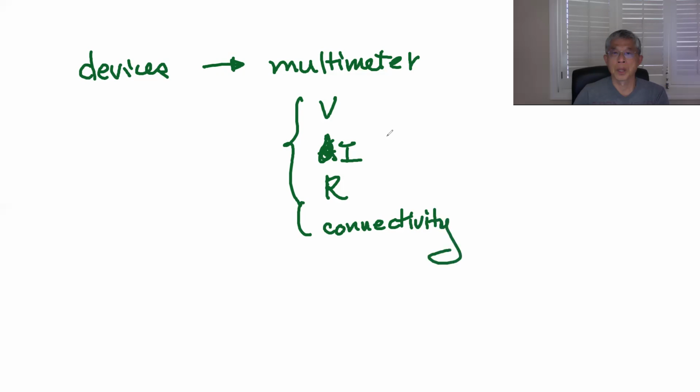What we talk about today is that we have a device that can measure V, voltage, and one that can measure current, called an ammeter. All right, that's all we have today, and hopefully you get to learn a little bit more about physics.